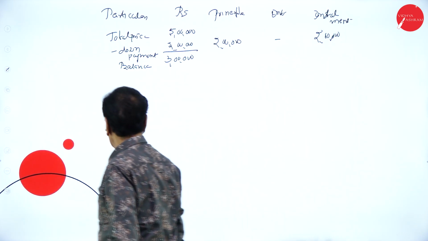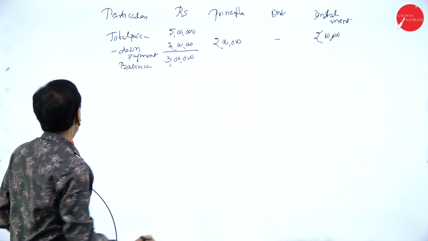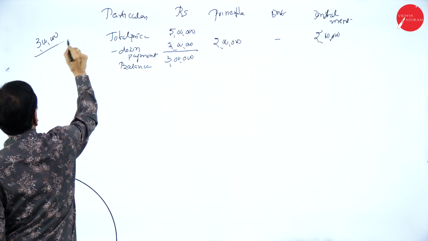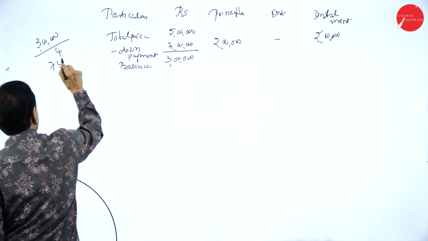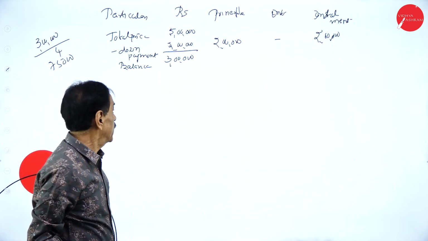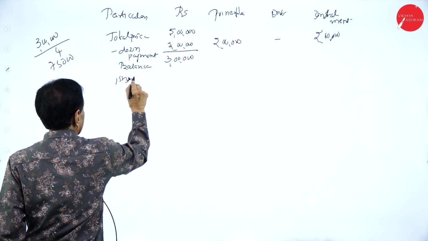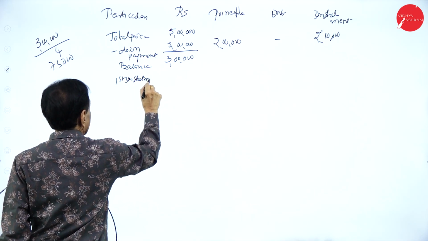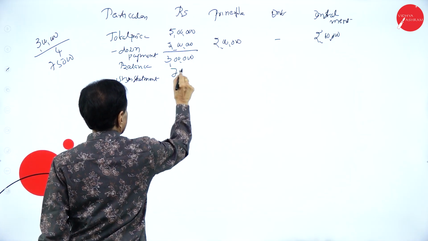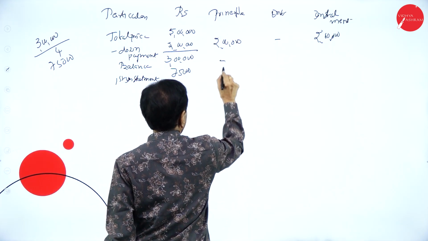Now, what's the outstanding balance? 3 lakh. 4 installments, 3 lakh divided by 4, 75,000 per installment. Cash price plus interest at 15%. First installment: principal is 75,000.